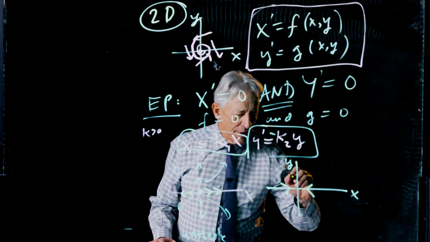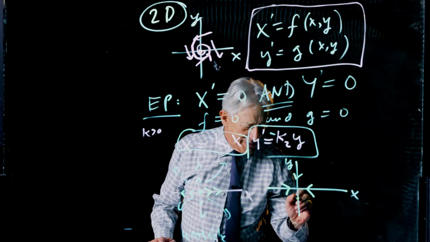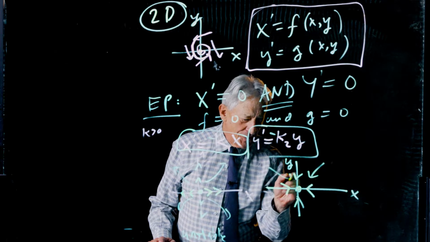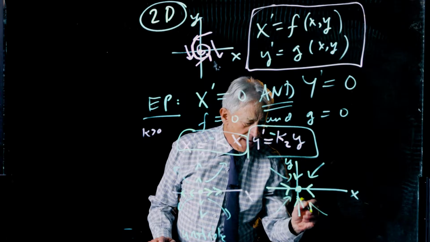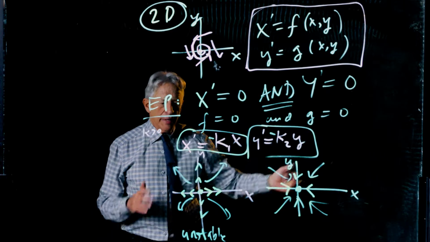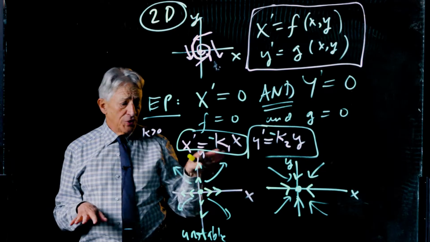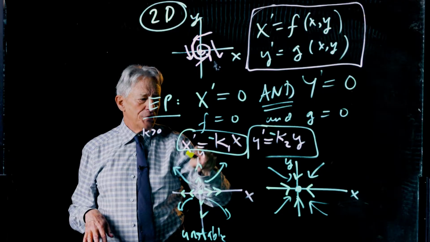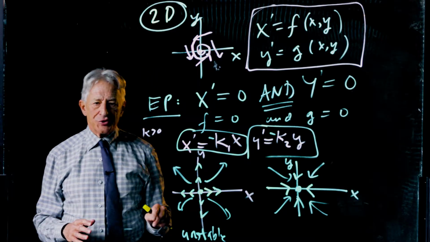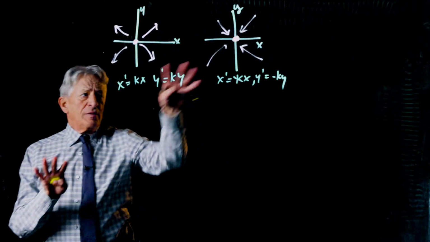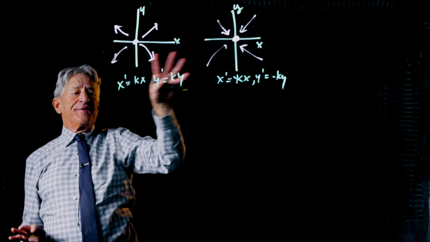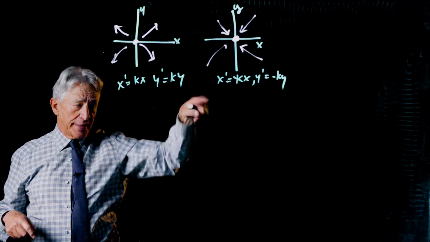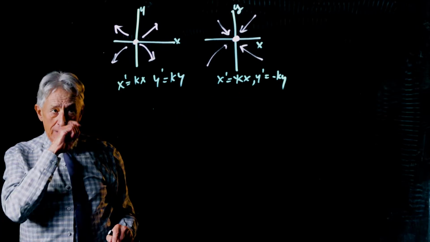In the y direction, it's also a classic stable equilibrium point. And so this is going to be a stable equilibrium point in 2 dimensions produced by this 2-dimensional differential equation. So here are 2 simplest equilibrium points by kind of trivially combining an x and a y.